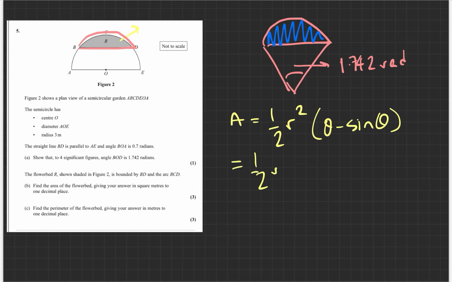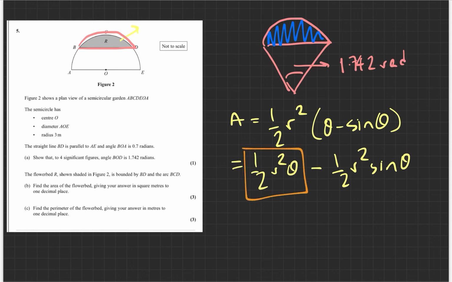What you will see is that this formula is actually doing a very simple thing. It's taking this equation here, which is essentially the area of the whole sector, this whole area, and then subtracting half r squared sine theta, which is only the area of the triangle.